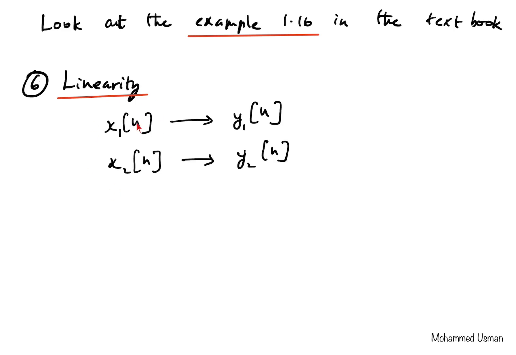Now, if we add these two inputs together and give it as a single input to the system, what will be the output of the system, and under what conditions will we say that the system is linear or not.